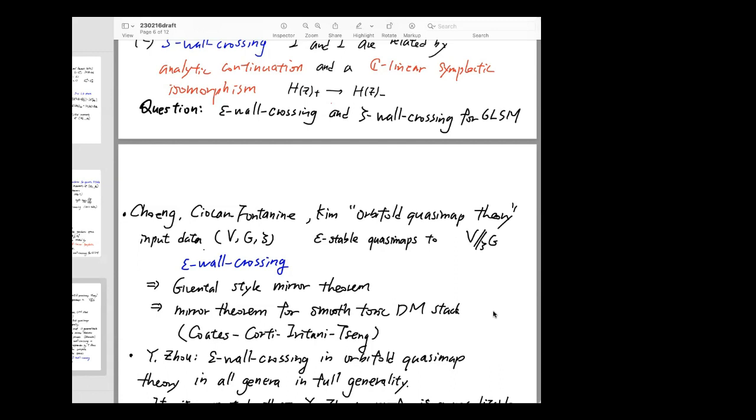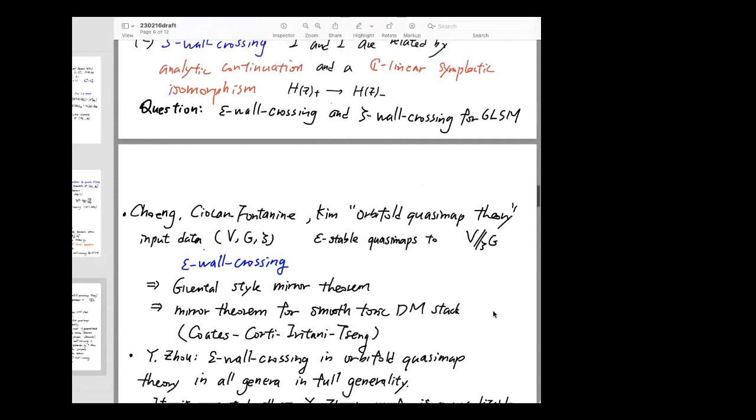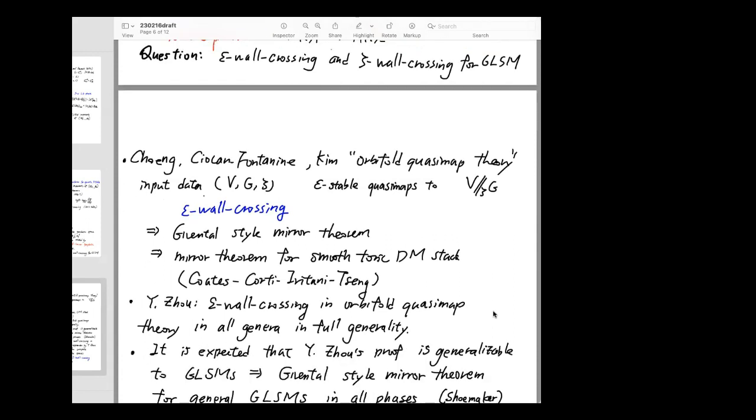As Jeongseok mentioned in his talk, Yang Zhou proved epsilon wall crossing in orbifold quasimap theory in all genera and in full generality, for all targets for which this theory is defined. It is very difficult, and it is expected that Yang Zhou's proof should be generalizable to GLSMs.